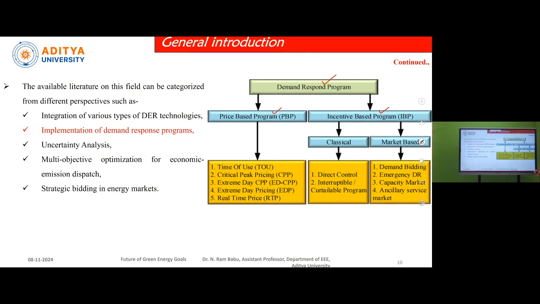In the price based program, we can see time of usage. Let us take an example of a mobile. Our mobile may get charged from 0 to 100% in 60 minutes. That means this is the time of usage. This is a small battery with a capacity of 6000 mAh.